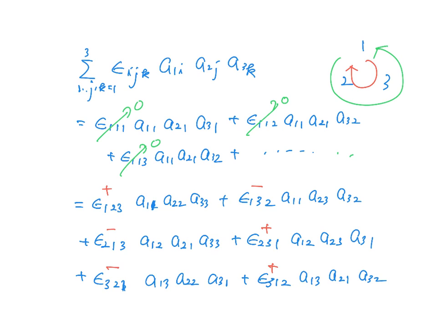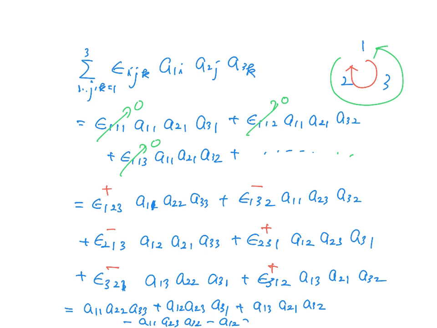So we obtain the same expression as before. So just arrange the plus terms: a1,1, a2,2, a3,3, plus a1,2, a2,3, a3,1, plus a1,3, a2,1, a3,2, minus a1,1, a2,3, a3,2, minus a1,2, a2,1, a3,3, minus a1,3, a2,2, a3,1.